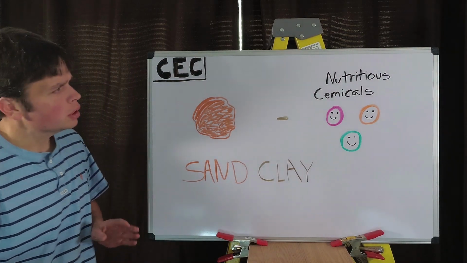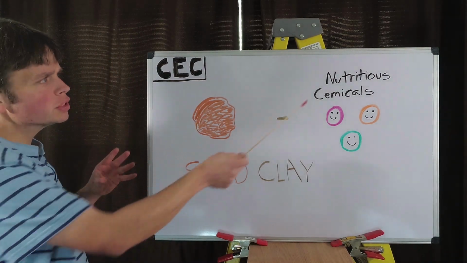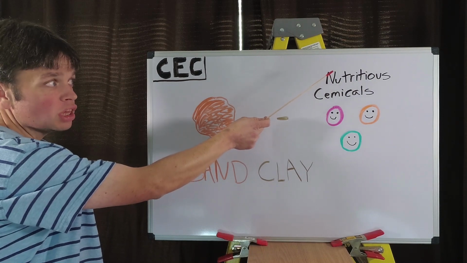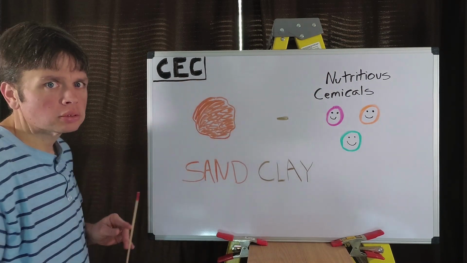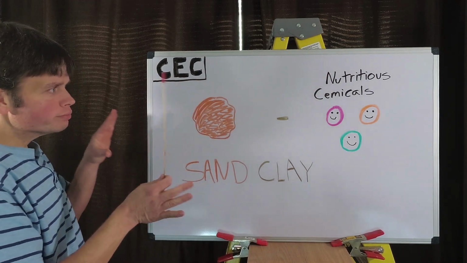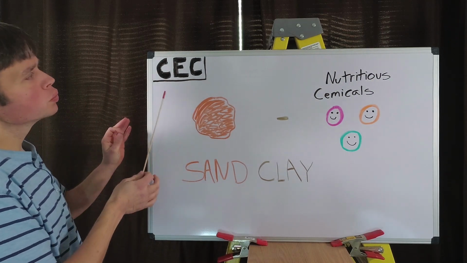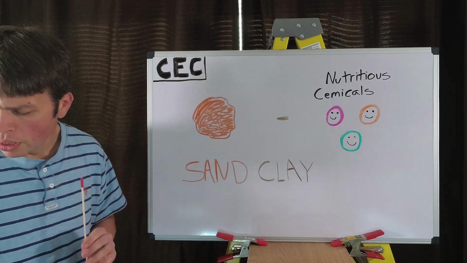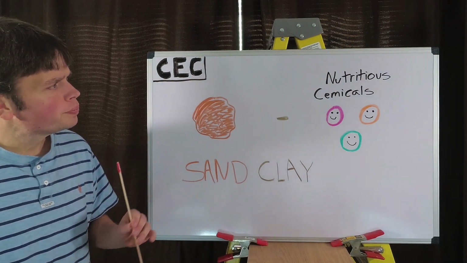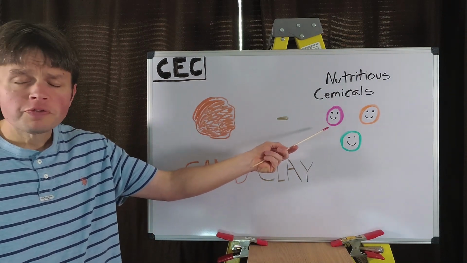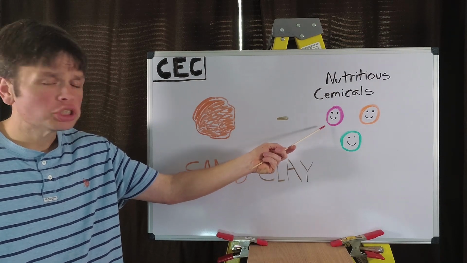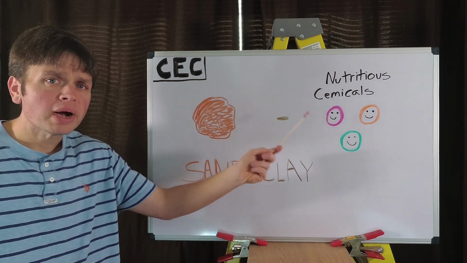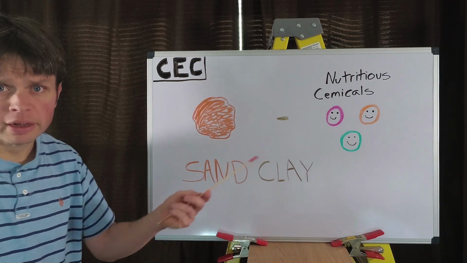And now we're gonna focus on the nutritious chemicals, because that plays the biggest role in understanding CEC. So now, as their face expression suggests, these are positive guys and gals.